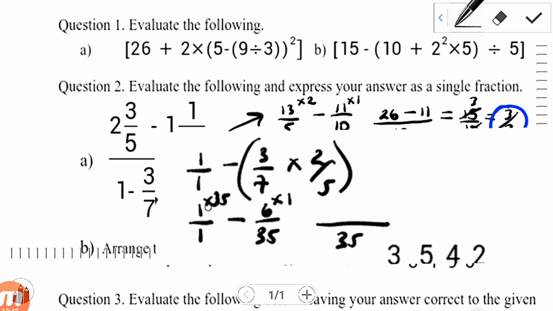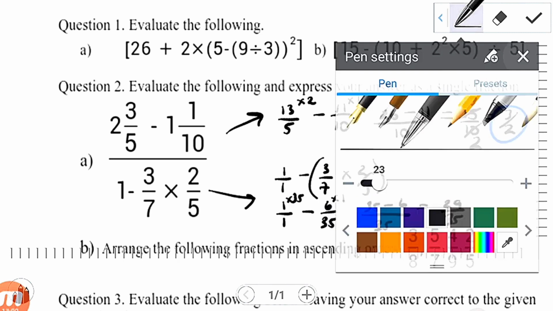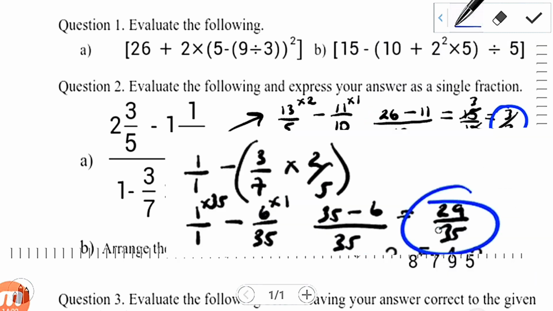So easily, what do we have? 1 multiplied by 35 is 35, and 6 multiplied by 1 is 6. So the final result for the bottom half of this fraction is 29 over 35. Okay, so we're going to mark this answer here.